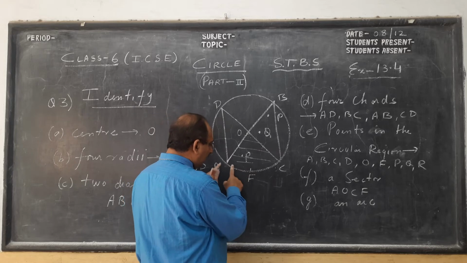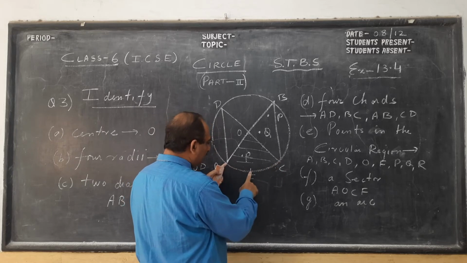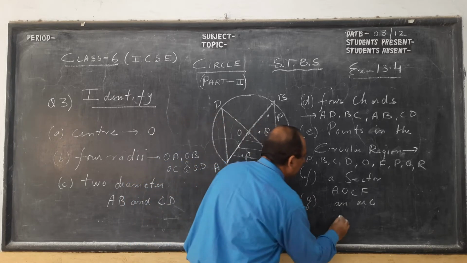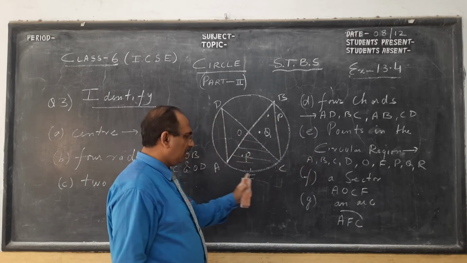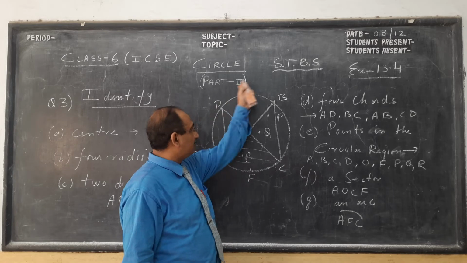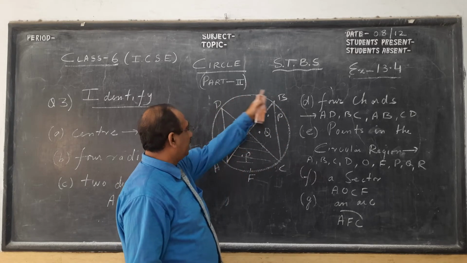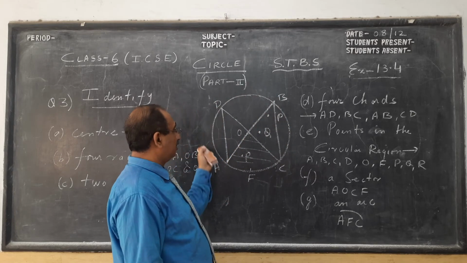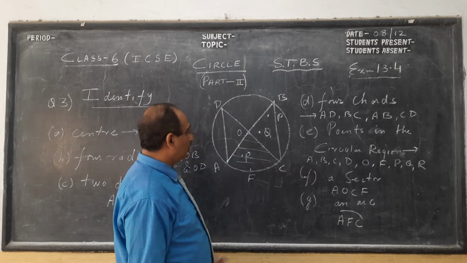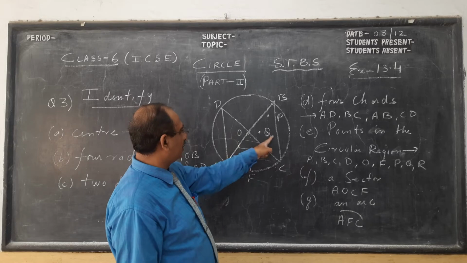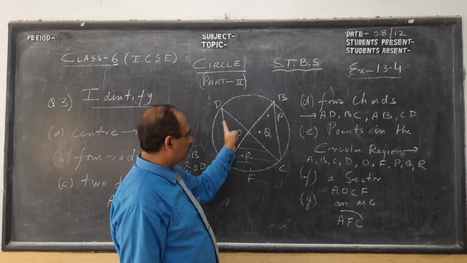One arc also, see here, one name is here, F, so AFC. AFC, and if you put a curve, it's better. AFC, this is an arc, minor arc, and this is a major arc. You can call ADBC a major arc. Sometimes we put points also. So there are 4 chords and points on the circular region.